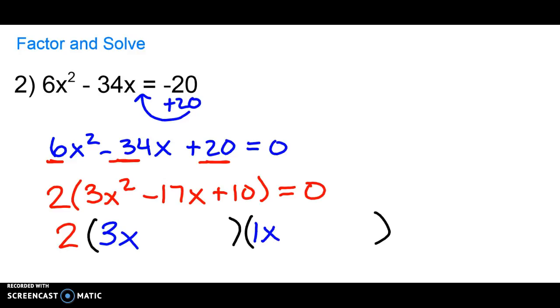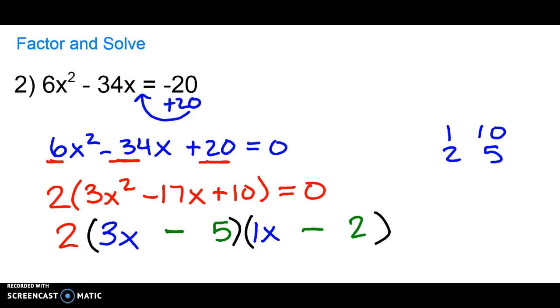So I know that has to be the case. And then with the 10, I could have 1 and 10, or I can have 2 and 5. So let's try 2 and 5. So I'm going to put the 5 here and the 2 here. Since my middle term is negative and the last term is positive, I know that they're going to be the same. They're both going to be negative.